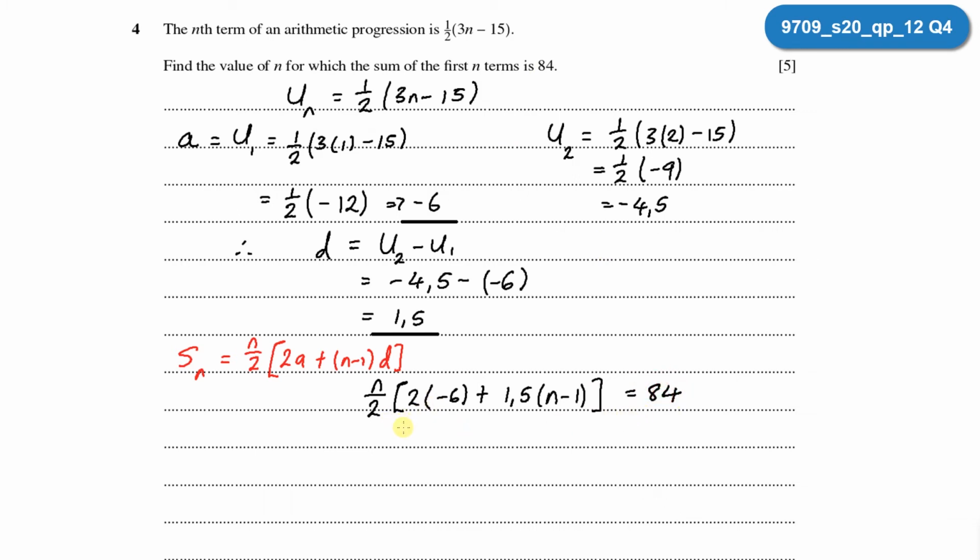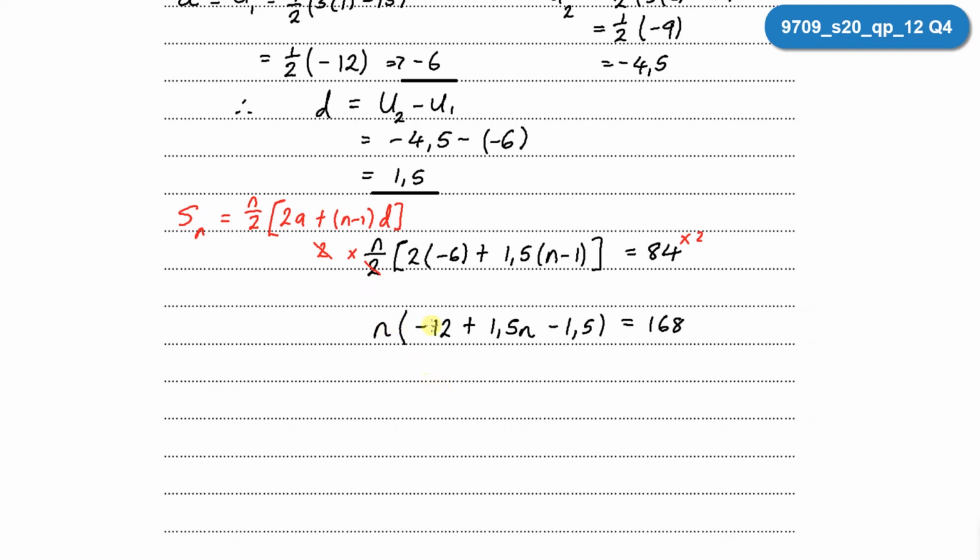I usually prefer to start by multiplying both sides by 2 so that we do away with the fraction here. So we now have n left, and here 2 times minus 6 is minus 12, plus 1.5 times n, that's 1.5n, and 1.5 times minus 1, that's minus 1.5, and it's all equal to 84 times 2, and that's 168. So we can continue simplifying.